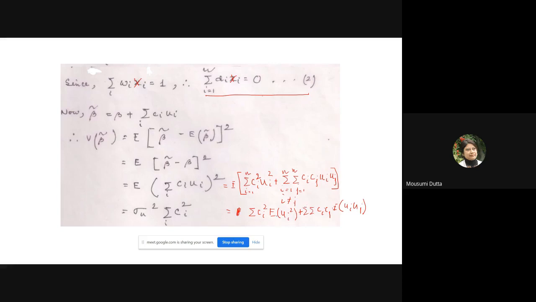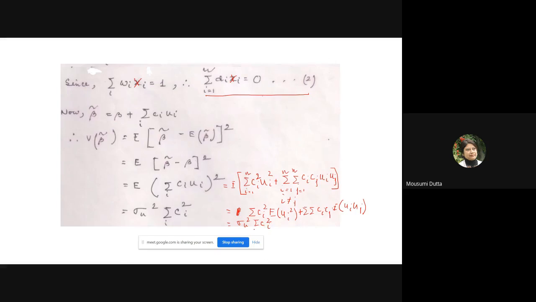Expectation of ui square is sigma u square. And this expectation of ui uj is equal to 0.